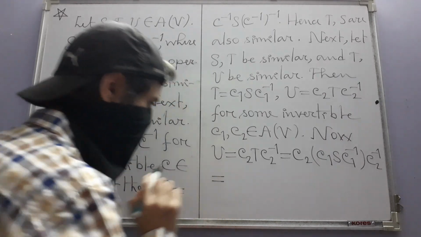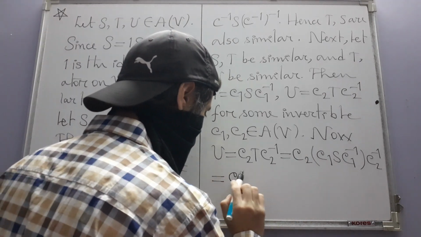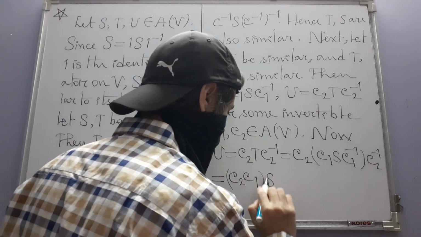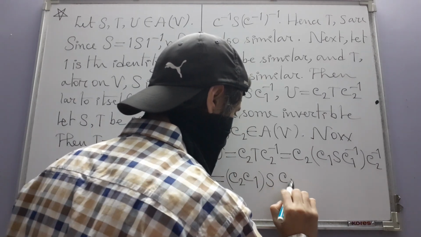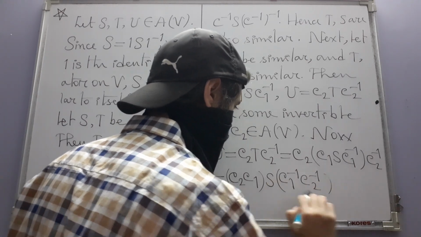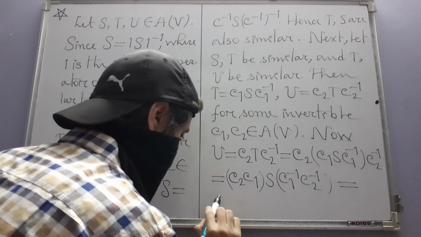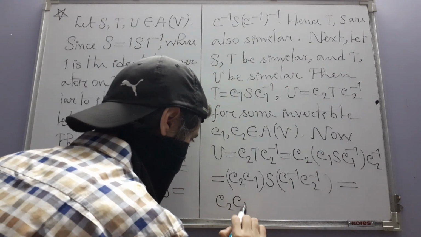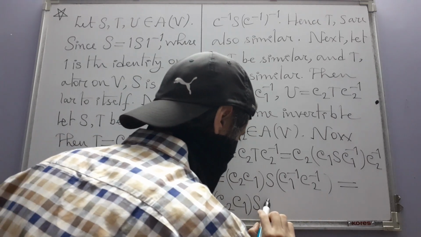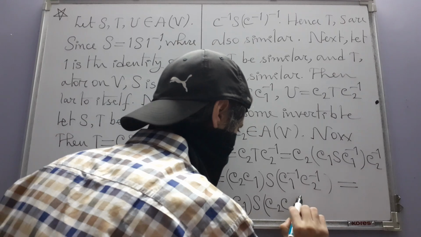But due to associativity of multiplication, we can take C2 and C1 together. S, on this side we have C1 inverse, C2 inverse. But this is just C2 C1 S, and this one is the inverse of C2 C1.